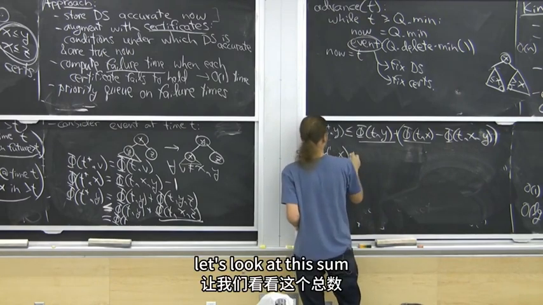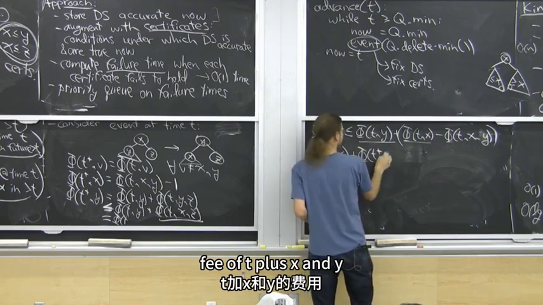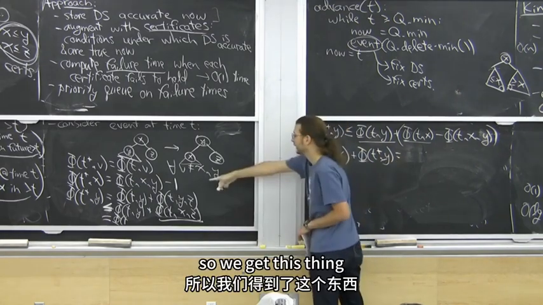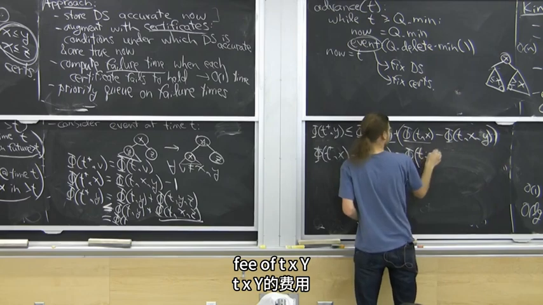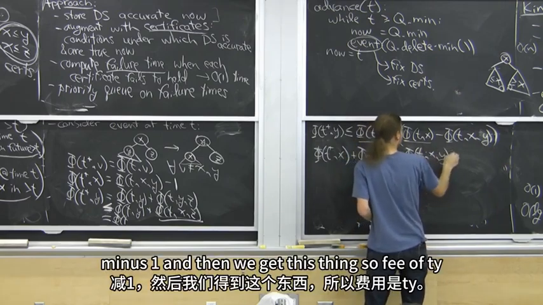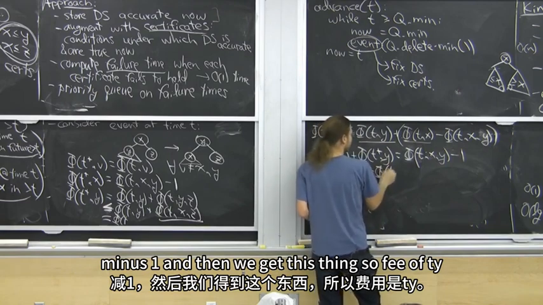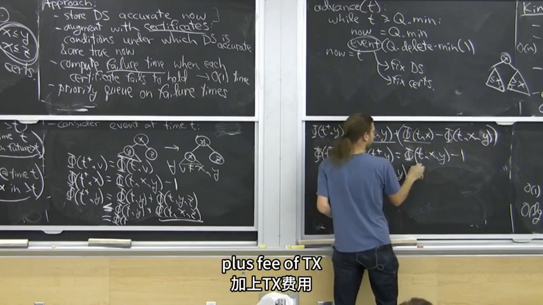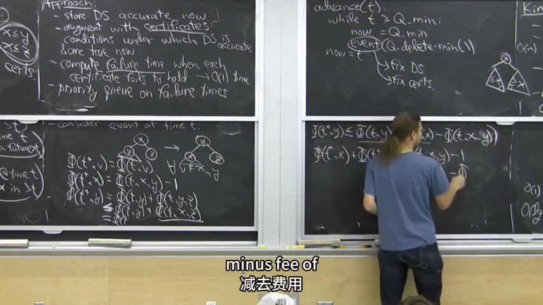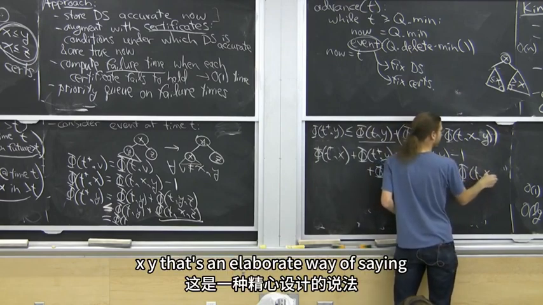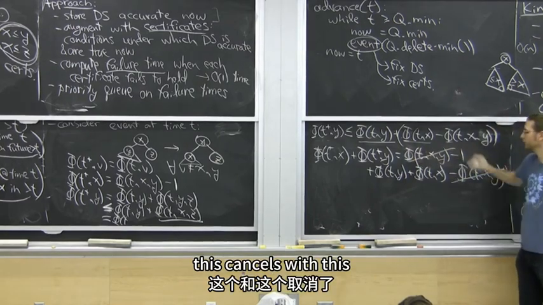Let's look at this sum, phi of t plus x and y. So we get this thing, phi of txy minus 1. And then we get this thing, so phi of ty plus phi of tx minus phi of txy. It's an elaborate way of saying this cancels with this.